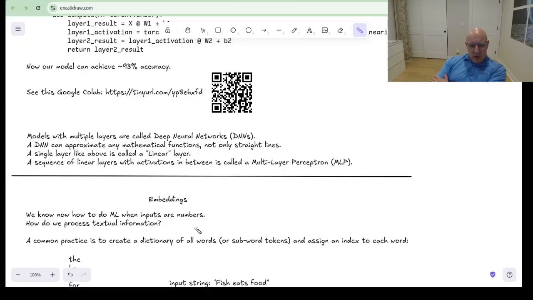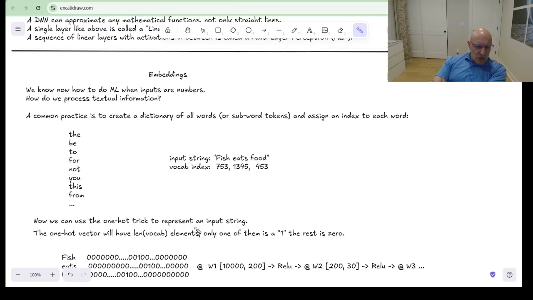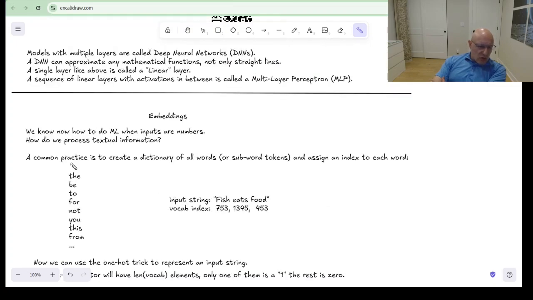How do you convert strings to numbers? One way of doing it is building a vocabulary. You build a big dictionary of all the words in your vocabulary, and you just assign an index to the words. For example, you have the input string "fish eat food", and those are the indices of the corresponding words in your dictionary.